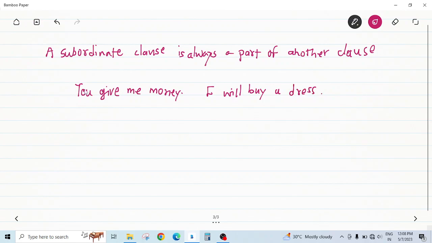Now, this is a sentence made up of single clause, and this is also a sentence made up of single clause. These two clauses are simple sentences.